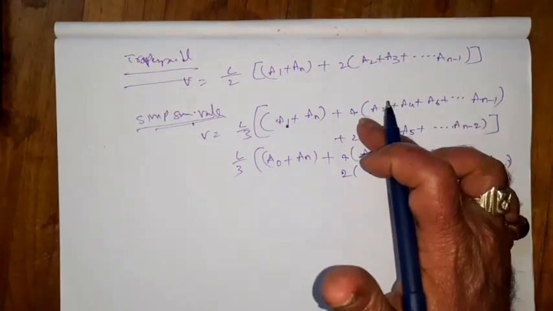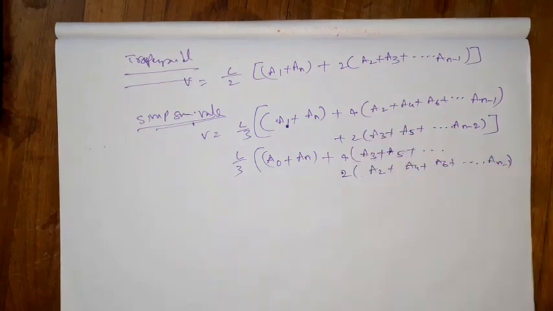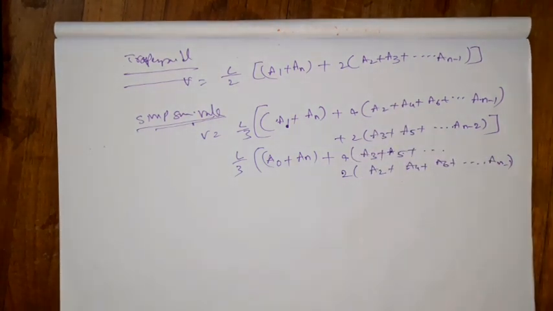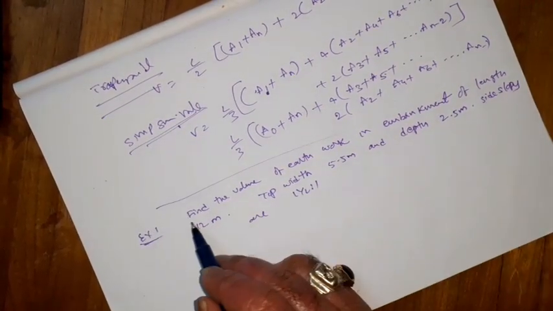There is a slight change: instead of 4 we use 2, and instead of 2 we use 4. That's it. So we can solve one small problem.